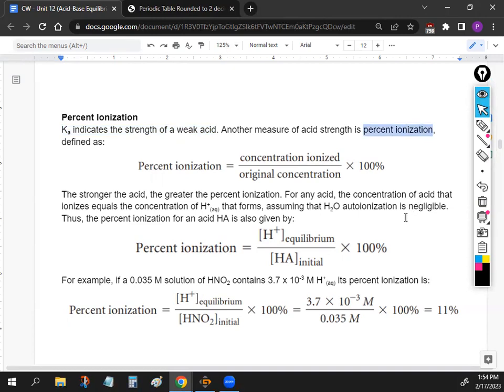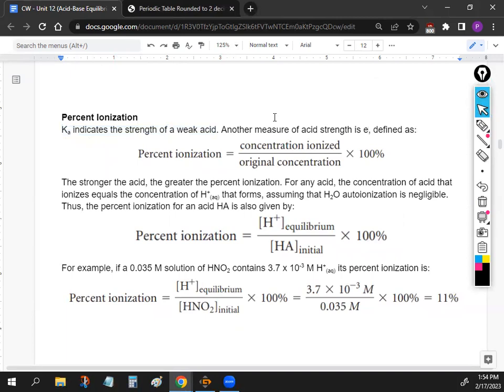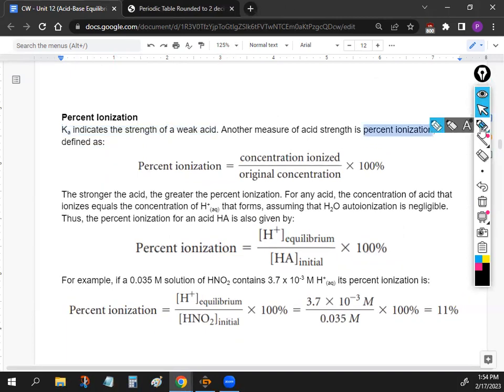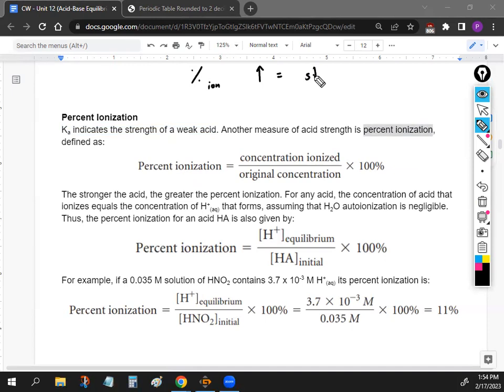The key here is that the higher the percent ionization, if it is bigger, that means it is a stronger acid, which makes sense because it breaks apart, it ionizes more.